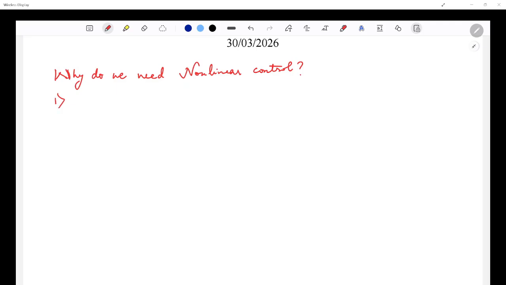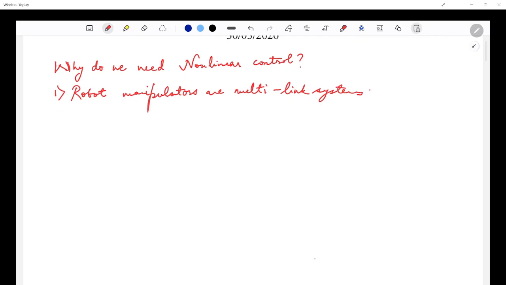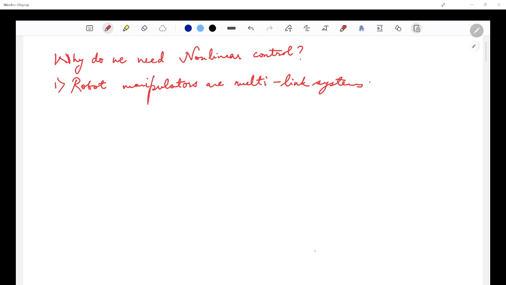The very fundamental reason is that robot manipulators are multi-link systems, right? Their dynamics include different things. It includes the coupling between the joints.